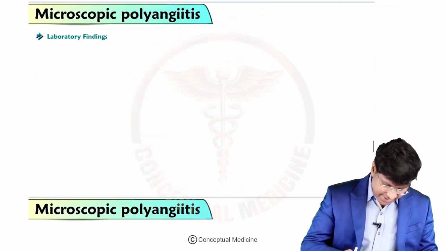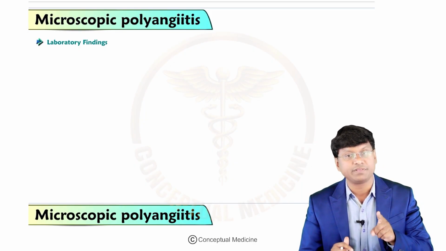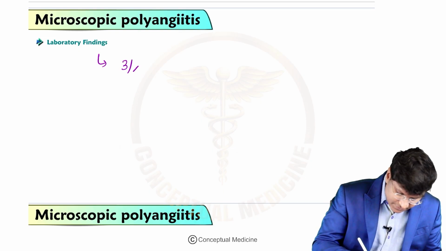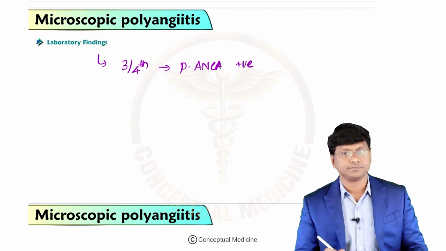Next, if you take the laboratory findings in patients with microscopic polyangiitis, three-quarters of patients are ANCA positive. So in three-quarters of individuals you have p-ANCA positivity.